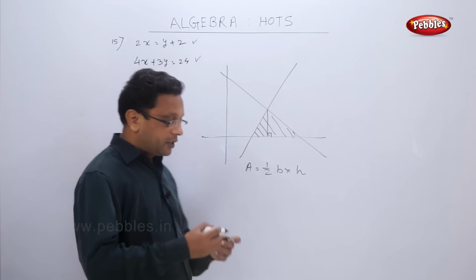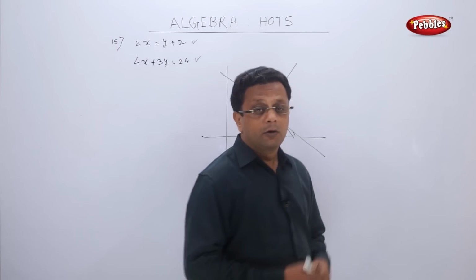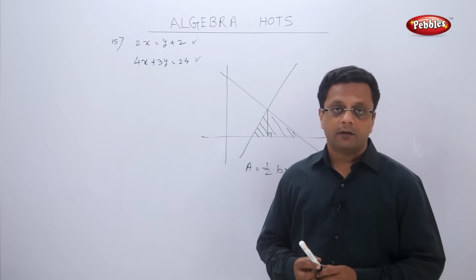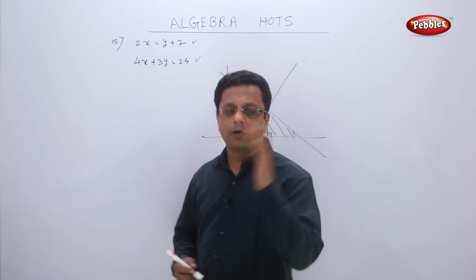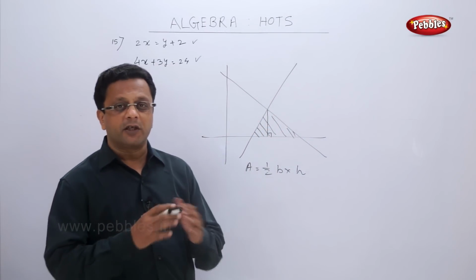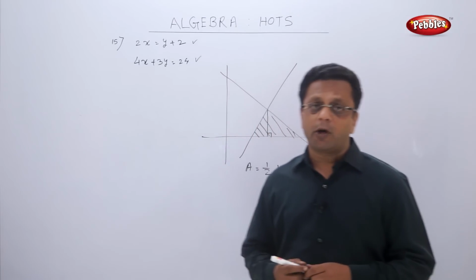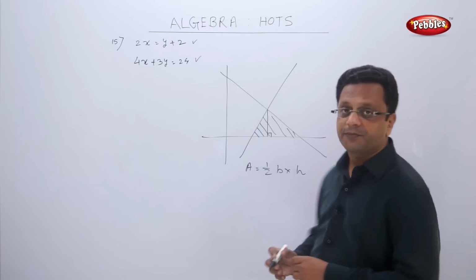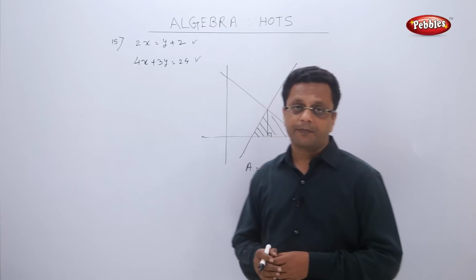Very simple. But in this case, you have to draw the lines and the points very accurately, because for this there will be some tolerance, that means plus minus 5 mm or something like that. If you miss the points, you will miss this height, and then what will happen?